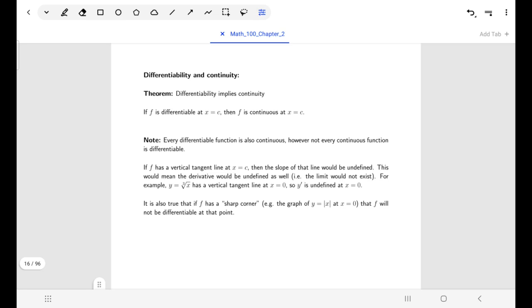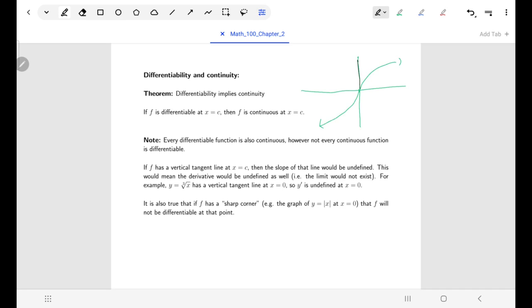The first one that shouldn't be a big surprise is something like our cube rooting function, y equals cube root of x. And that shouldn't be a surprise if we're thinking about the graph of y equals cube root of x. Remember that if you're thinking about drawing tangent lines to curves, the slope of that tangent line is the same thing as the slope of the curve, is the same thing as the value of the derivative.